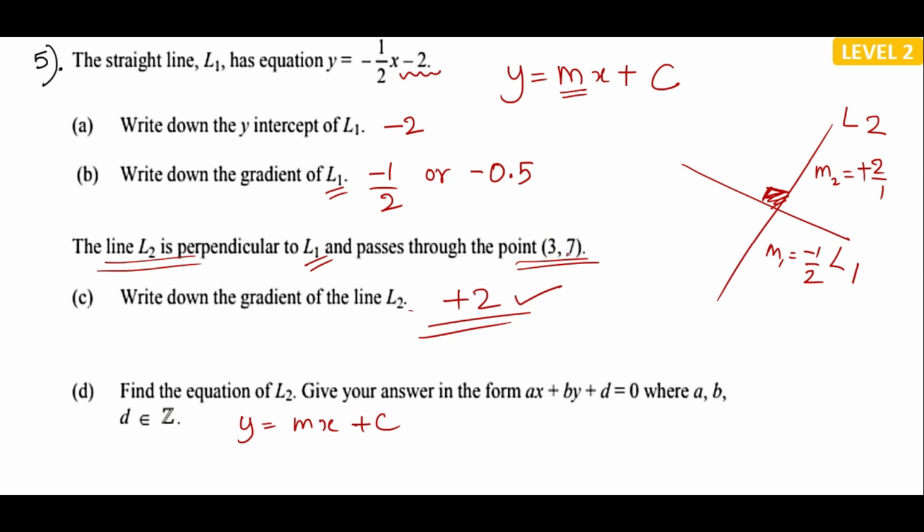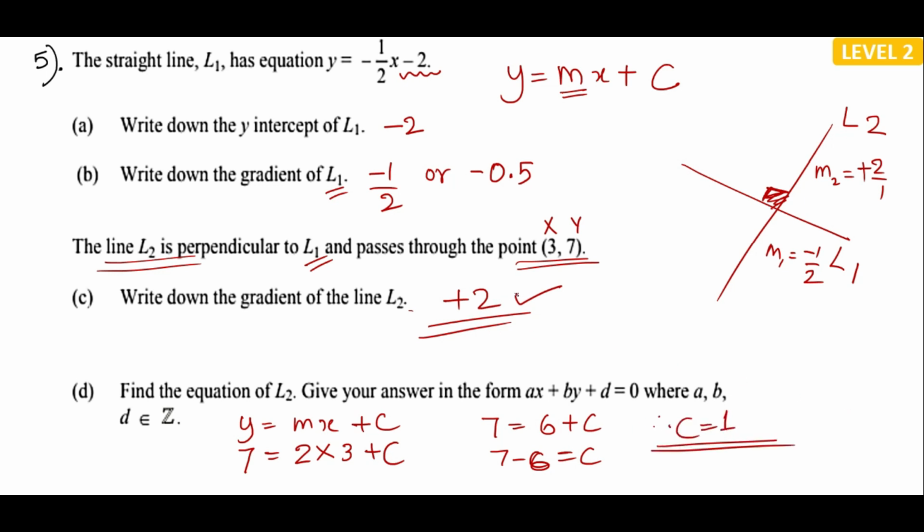So (3, 7) is a point on the line L2. So I can directly use 7 is equal to my m is 2 times x is 3 plus c. So I have 7 is equal to 6 plus c, giving me my c to be equal to 1.